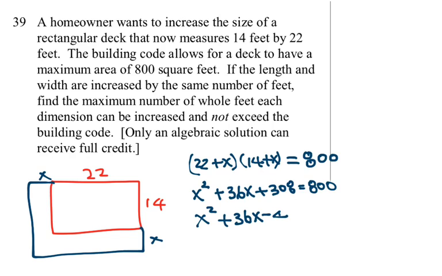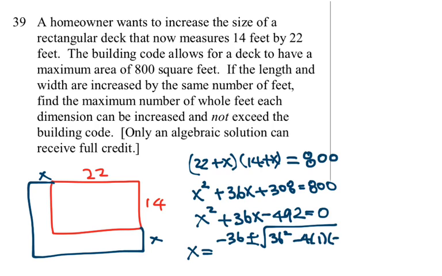So bringing everything onto one side, we end up getting x squared plus 36x minus 492. It's quite an ugly number, so we're just going to use the quadratic formula here. And then we're going to realize two values once I put them into the calculator. One value is negative 46.6 and the other value is 10.6.